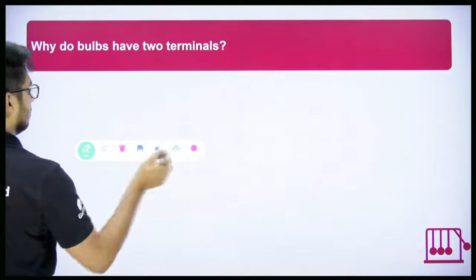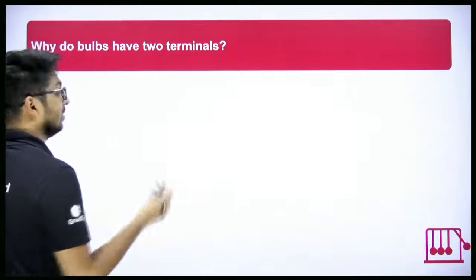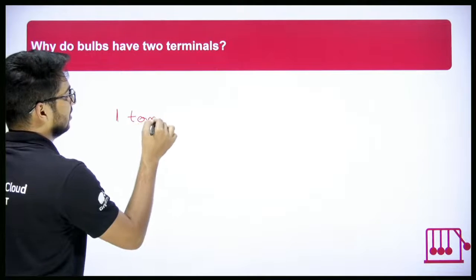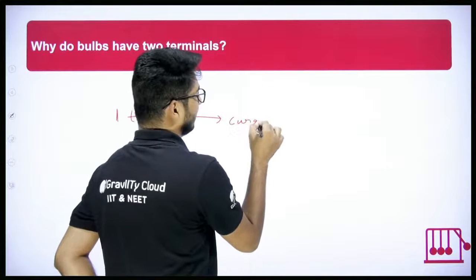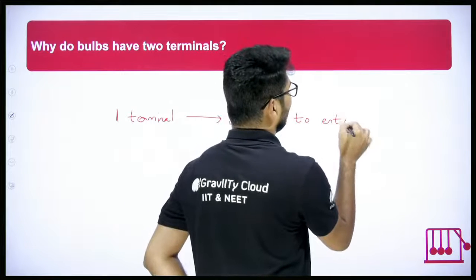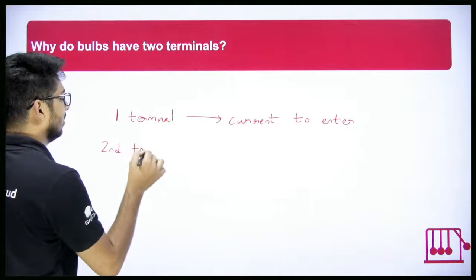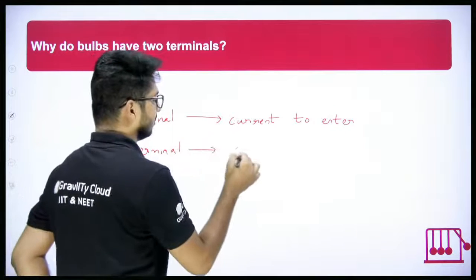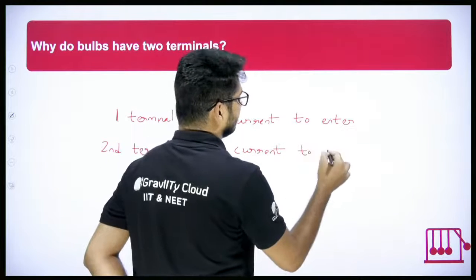Let me explain. Bulbs have two terminals because one terminal is for current to enter and the second terminal is for current to exit. Terminals are like gates.